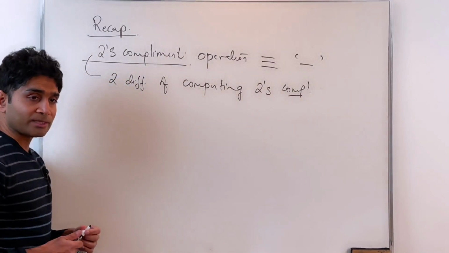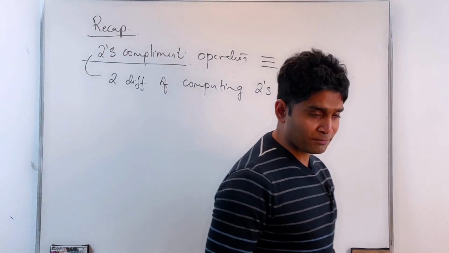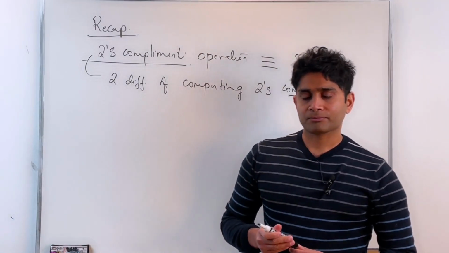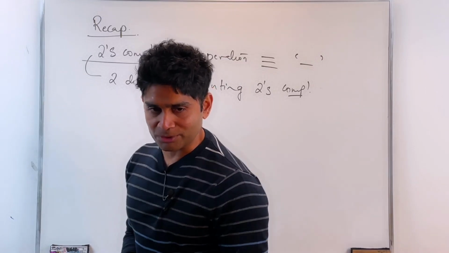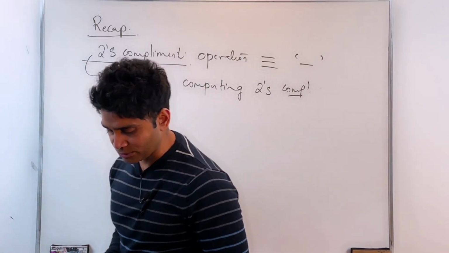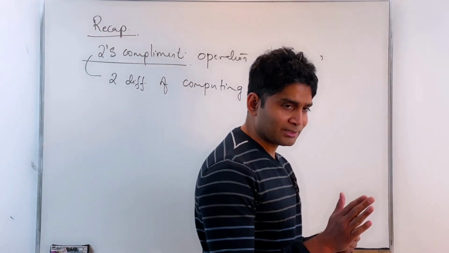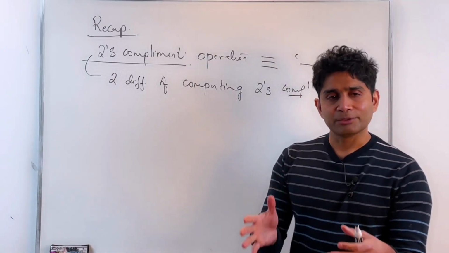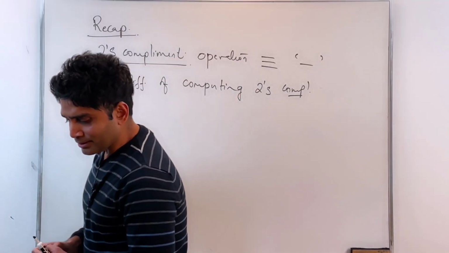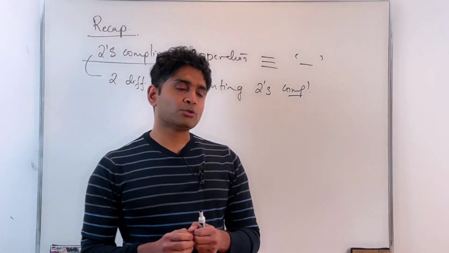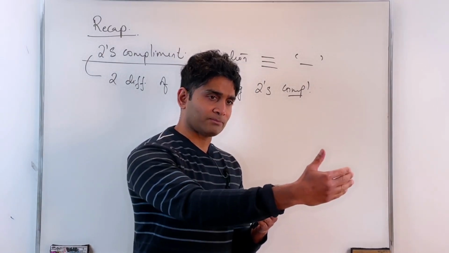The other way of doing this, which is my preferred way, although you have to know how to get it by the ones complement approach because we'll be using that later in the course, is this: for a given binary number, you go from right to left and you do not complement anything until you hit the first one.